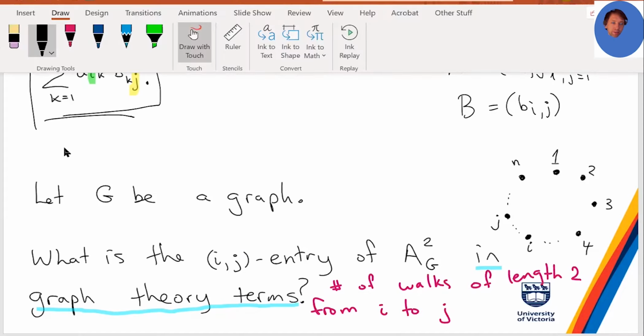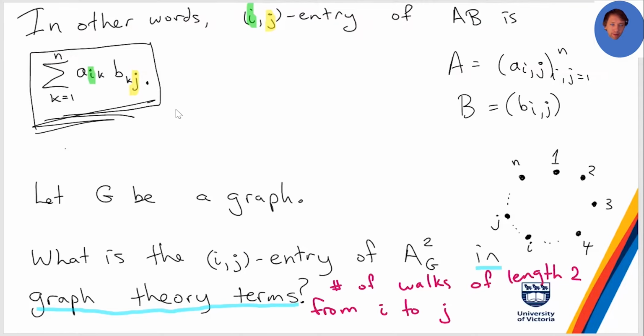And I think the best way of thinking of it is in terms of this sum. If I'm dealing with just the square of the same matrix, I've got a_ik a_kj, and we're summing over all k from 1 to n.